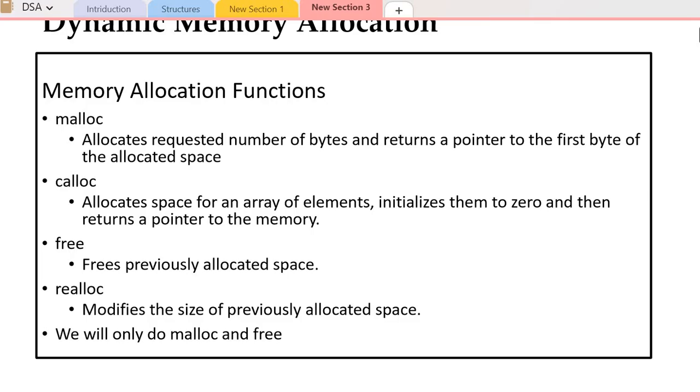In C we have four important memory allocation functions. One is malloc, the second is calloc, the third is realloc, and the fourth is free. Although all four are important, today we will mainly focus on malloc and free because these are used most frequently in data structures.